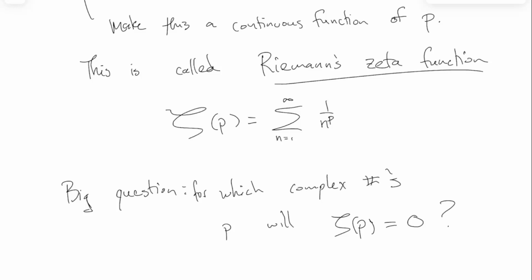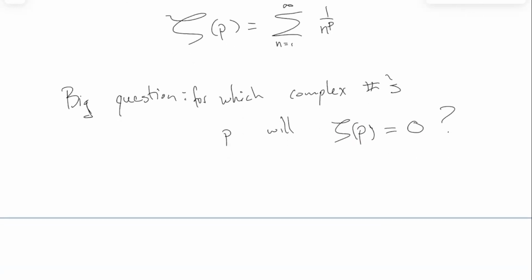That's not possible if p is a real number, but if p is an imaginary number, that actually can happen. For which complex numbers p does the zeta function evaluated at p equal 0? This question is referred to as the Riemann hypothesis.